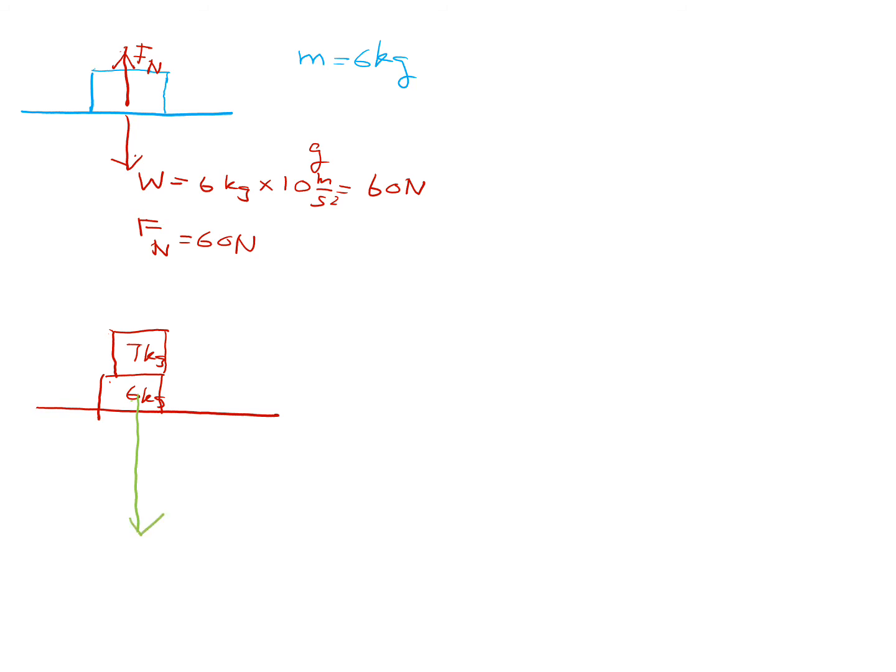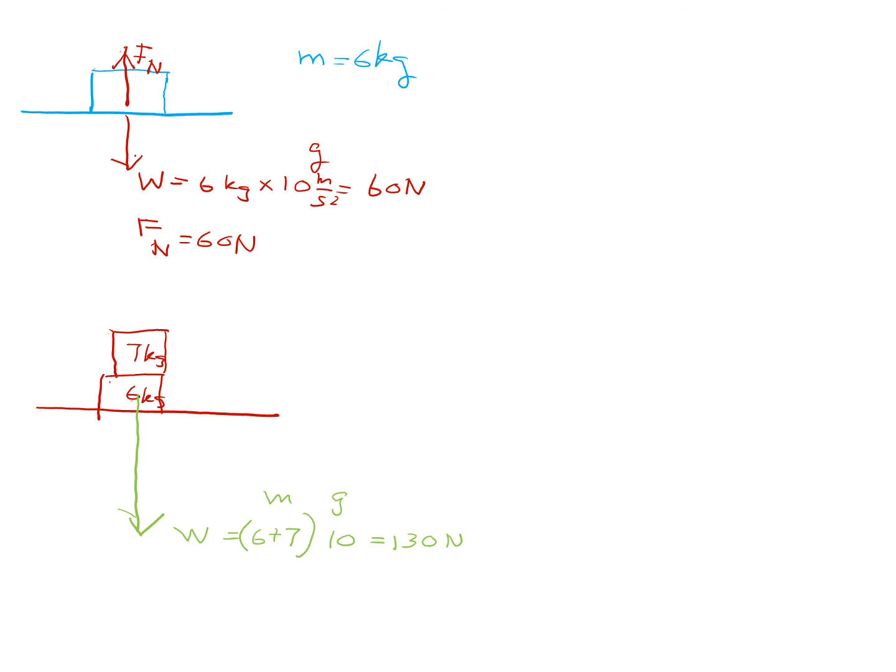you see the length of this arrow is greater than this because now your weight W is total mass 6 plus 7. This is mass times gravity 10, which is 130 Newton.